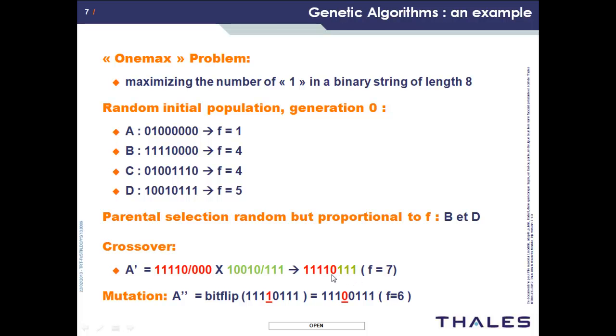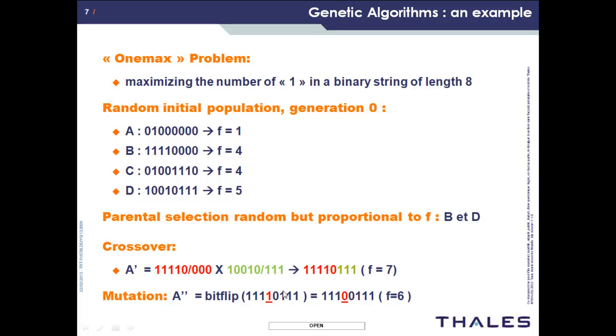Here we can see that this individual was lucky because its fitness value is higher than both that of its father and that of its mother, because the individual inherited from both the excellence of the father, seen here on the left part of the chromosome, and the excellence of its mother, seen here on the right part of the chromosome.